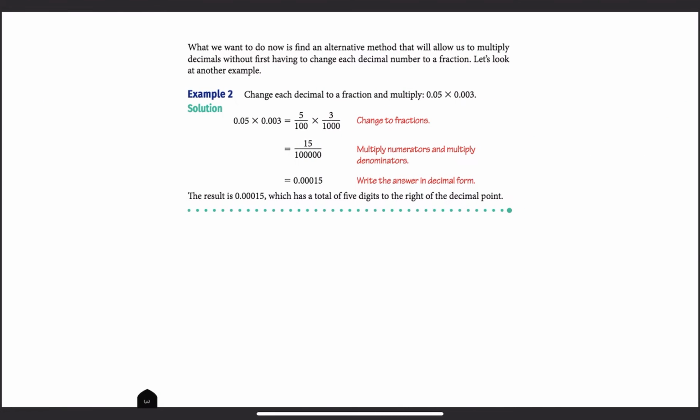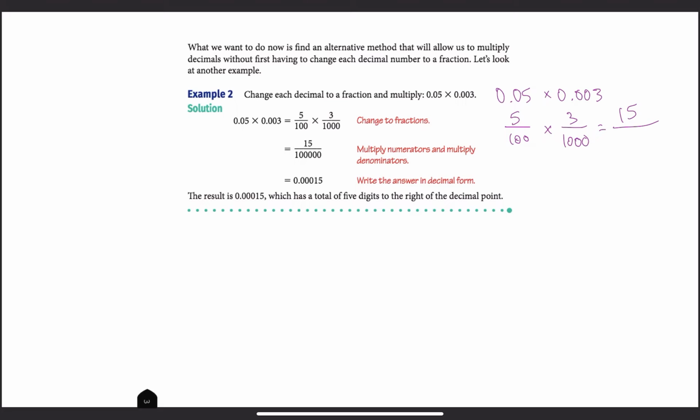So let's multiply similar numbers, but now just different place values. So let's multiply 5 hundredths times 3 thousandths. So it's going to get much smaller. So let's look at this as fractions. So 5 hundredths times 3 thousandths. Multiply straight across, so it's 15.